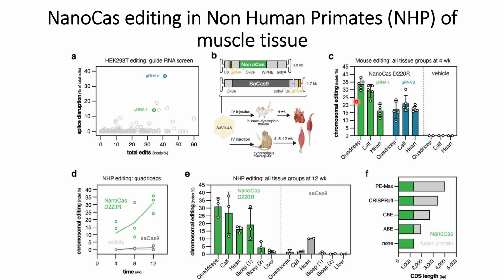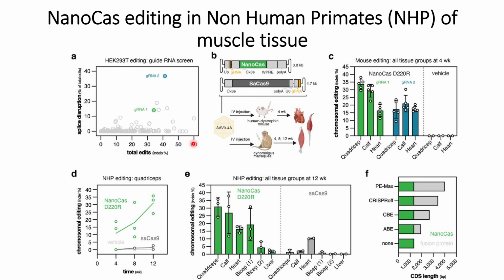But they are not able to compare it with the SA-Cas9 control because the PAM sequence of SA-Cas9 does not align with the single nucleotide polymorphisms at the site of these guide RNAs. That's why SA-Cas9 editing cannot be seen in these mouse models.